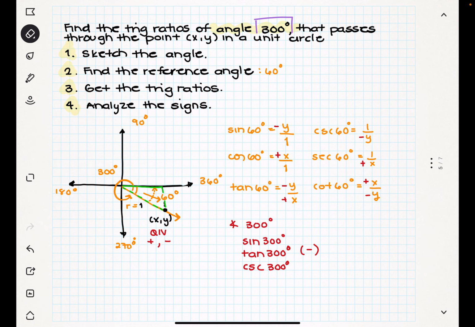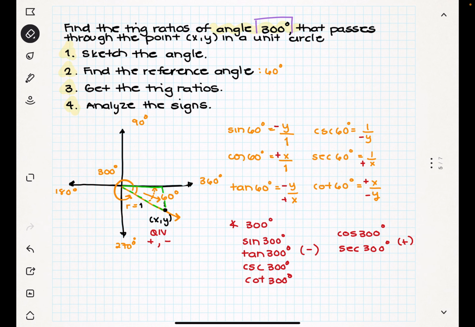Now, for my cosine of 300, and then my secant of 300, I'm going to have positive values. In my negatives, I also have the cotangent. They're going to be negative.